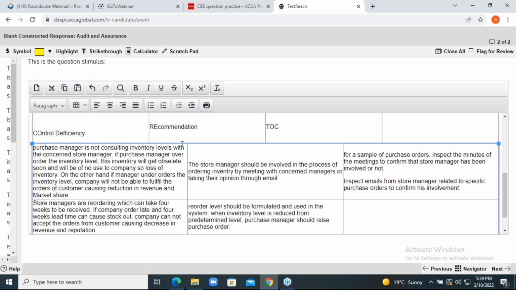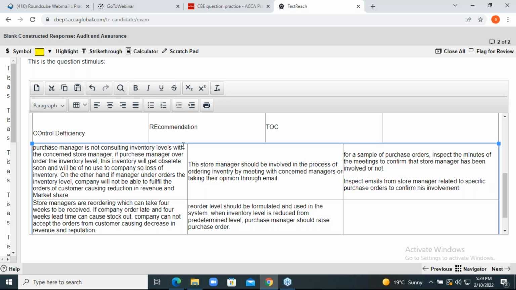It is important that this purchase order is raised and this inventory is received before we get stock out. If we are receiving inventory before out of stock, then the system is properly working.